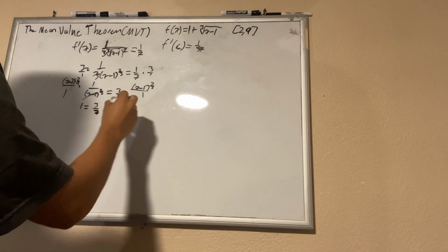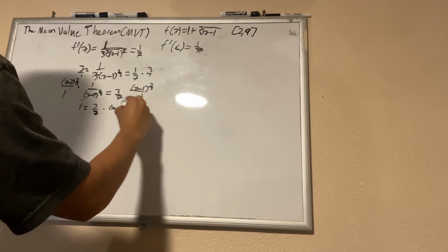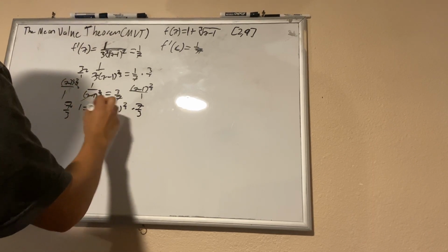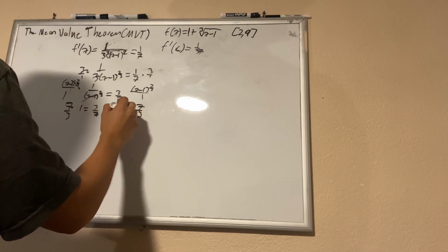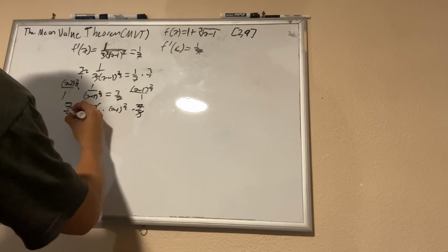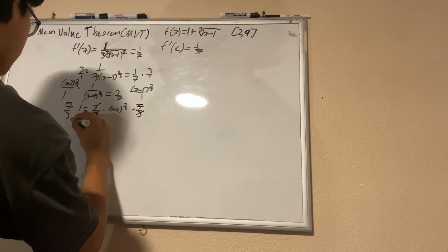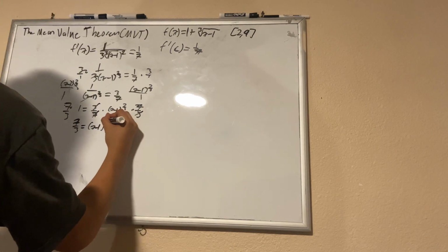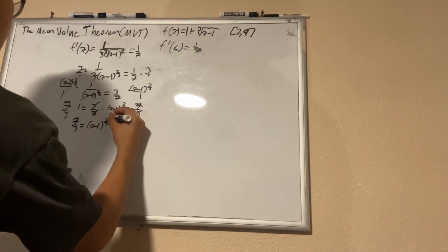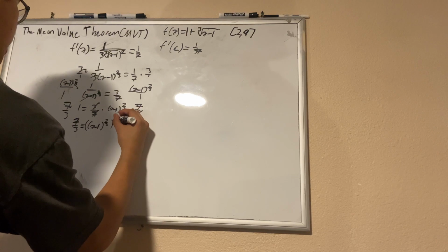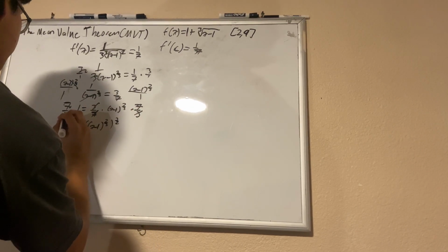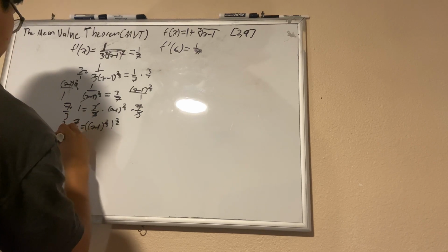So we have that. Multiply this by 7 over 3, 7 over 3. These right here cancel out. So we get 7 over 3 is equal to x minus 1 to the power of 2 over 3. Multiply this whole side by an exponent of 3 over 2. Same thing to that side, you gotta do this side, so 3 over 2.